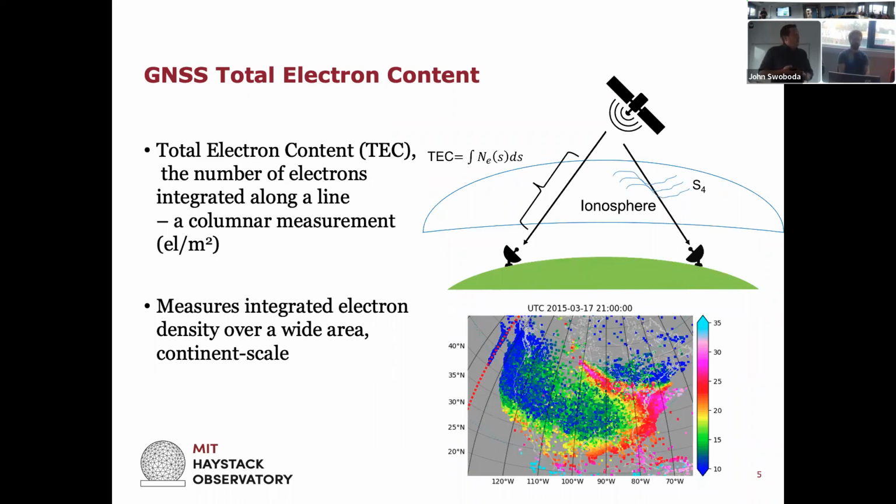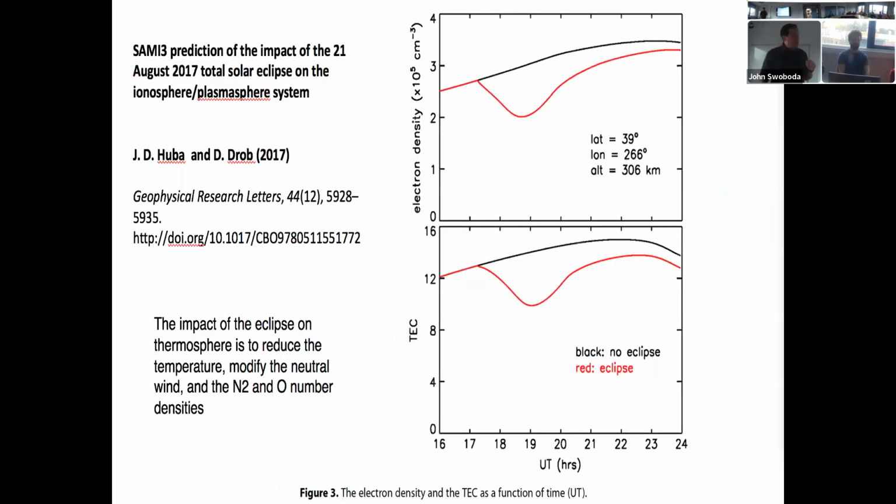For the eclipse in 2017, there was a big challenge thrown down to have various people try to study the effect of the eclipse on the ionosphere. We're going to focus mainly on electron density and how much it changes because of the eclipse.